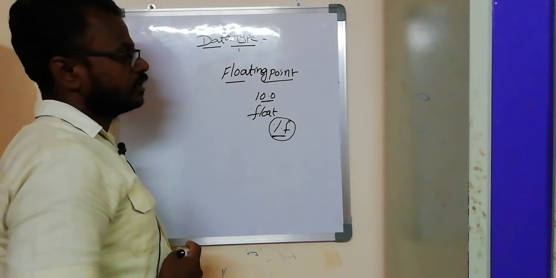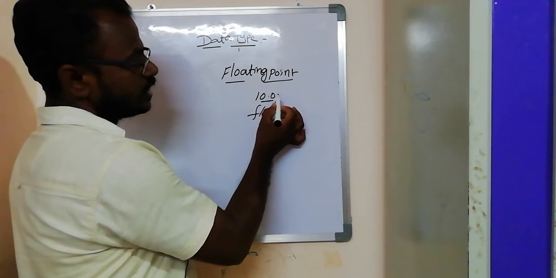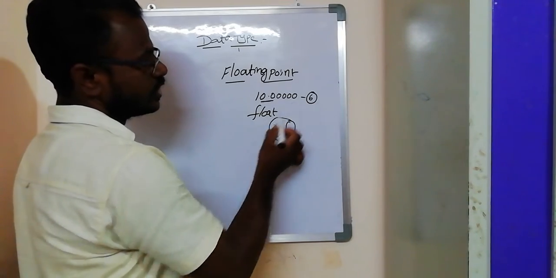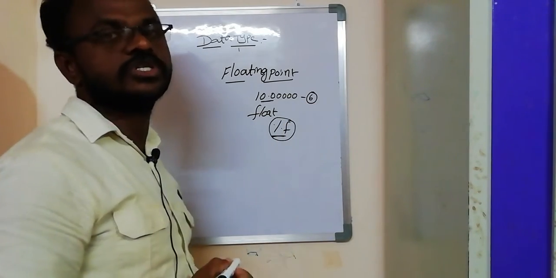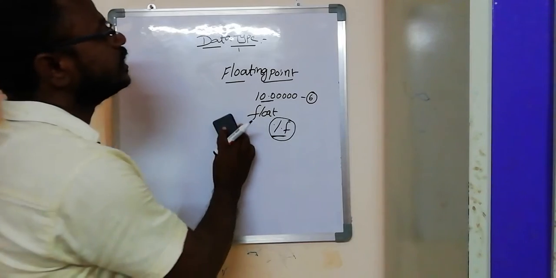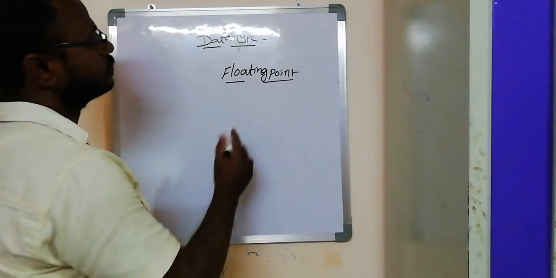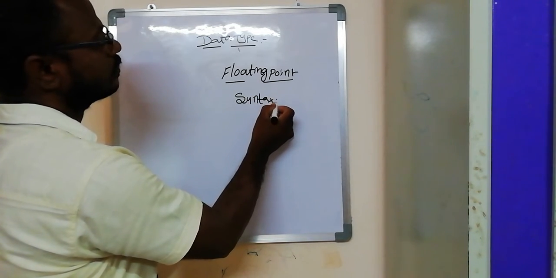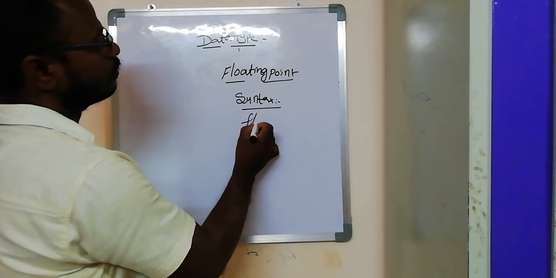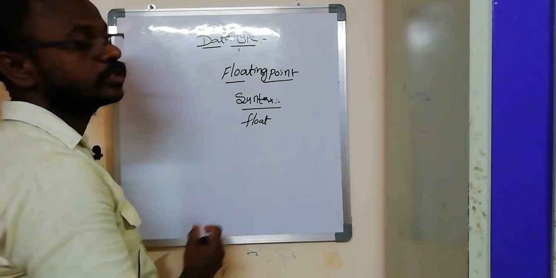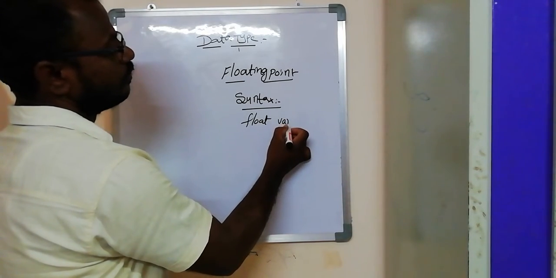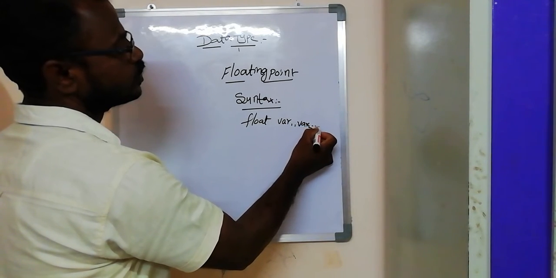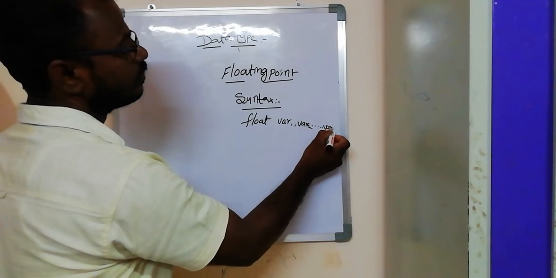In floating point, decimal position values can be accepted up to 6 digits, not above 6 digits. The syntax of this data type: using the keyword float, we write variable var1, variable 2 and so on, up to the final variable n.